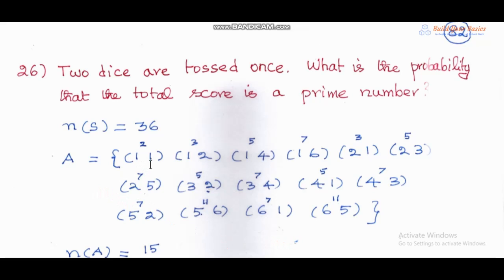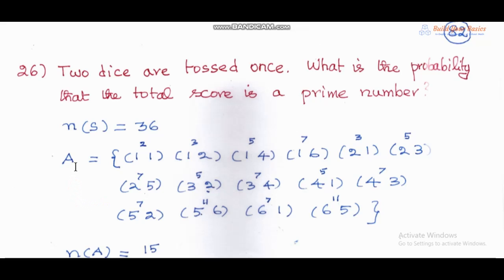1 plus 1, 2, prime number. 1 plus 2, 3, prime number. 1 plus 4, 5, prime number. 1 plus 6, 7, prime number. 2 plus 1, 3, prime number. 3 plus 4, 7, prime number. 6 plus 5, 11, prime number.